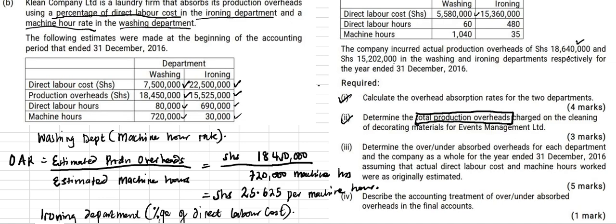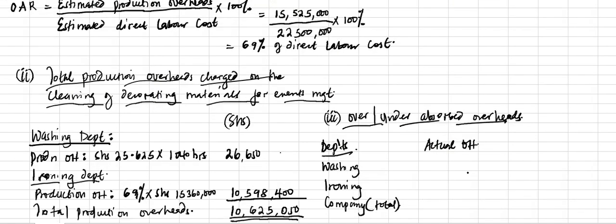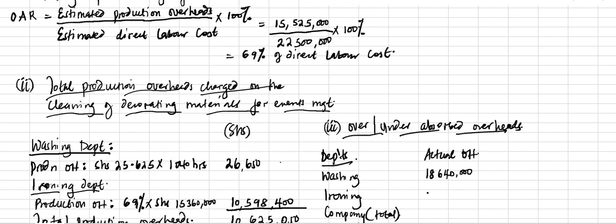So the actual overheads have been given. For washing it's 18,640. Then for the ironing department it is 15 million 202 thousand.